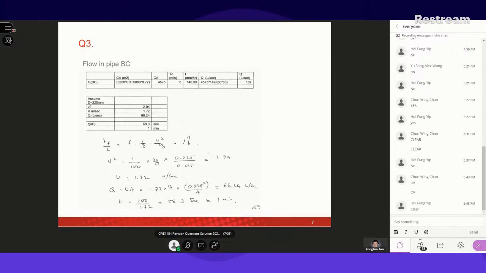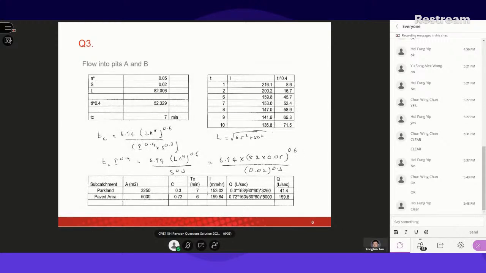And another point you need to be careful about is the overland time of concentration. So, for example, this question, question 3, you can see the examples of how to get the overland time of concentration, right?